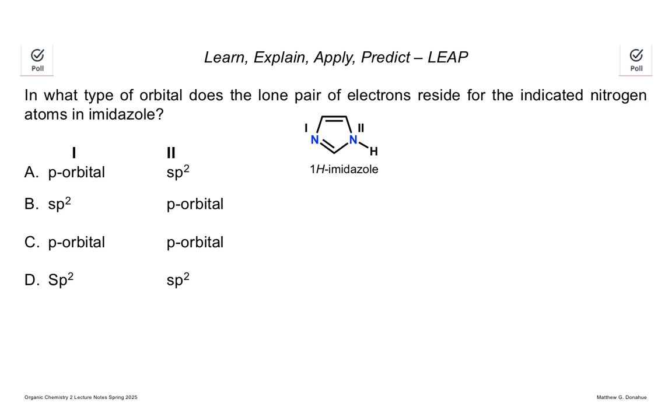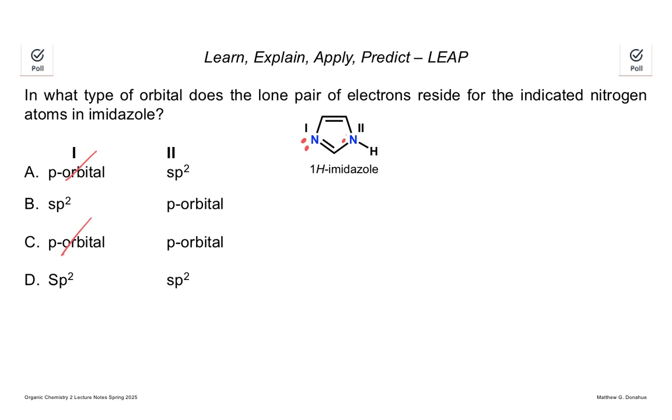So I think for this one we already answered, but let's just go through it to review. Again, we have imidazole. We have two sp2 hybridized nitrogens, and it says in what orbital type do the lone pairs reside? So I was going to put these on the outside, meaning that they reside in an sp2 hybrid orbital.